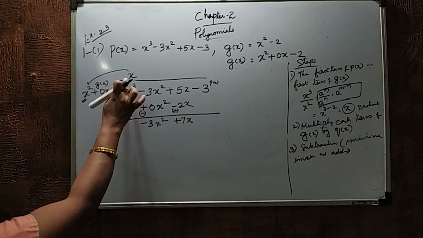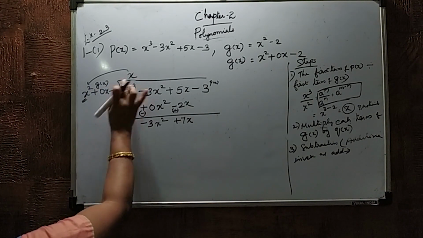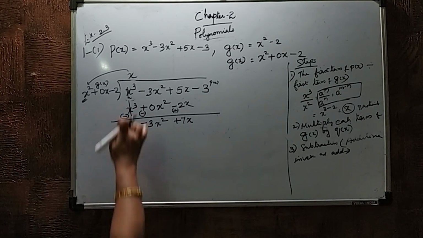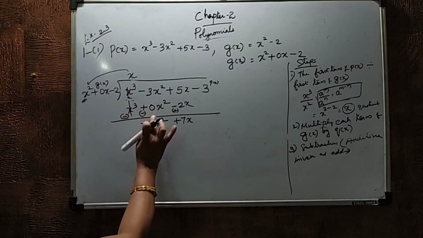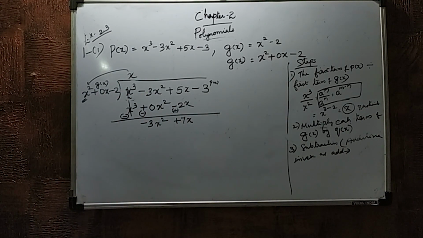Here this q of x is x. So x into x, x square into x, it is x cube. Then next one x into 0x, it is 0x square. It is minus 2 into x, minus 2x.